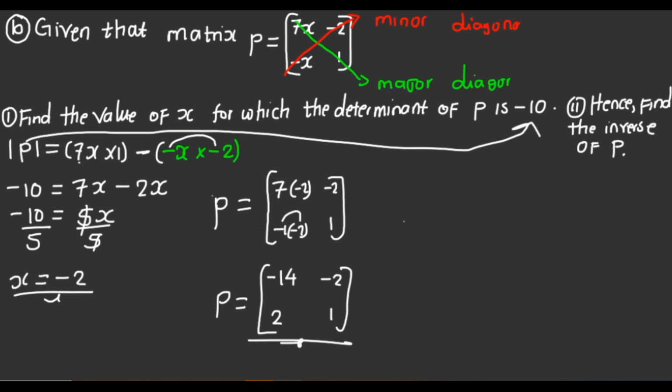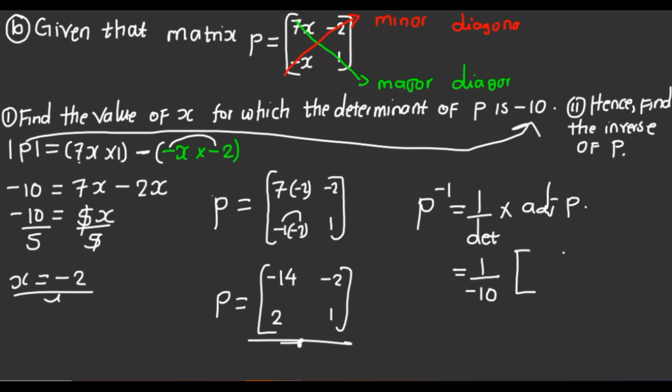Now we can proceed by finding the inverse of matrix P. So matrix P inverse is equal to 1 over the determinant times the adjoint of matrix P. 1 over the determinant is negative 10.